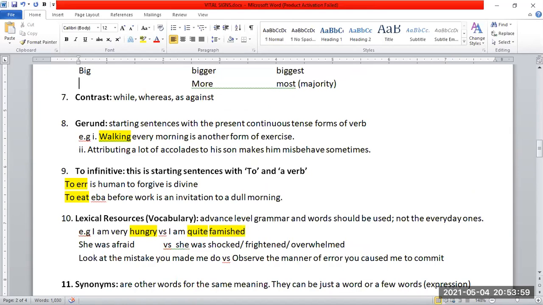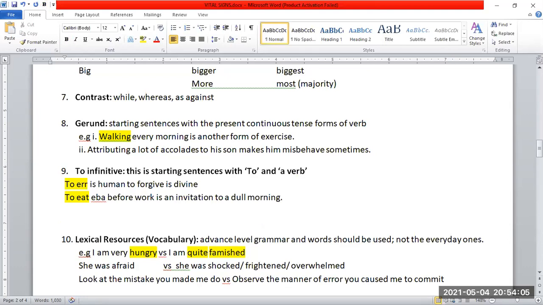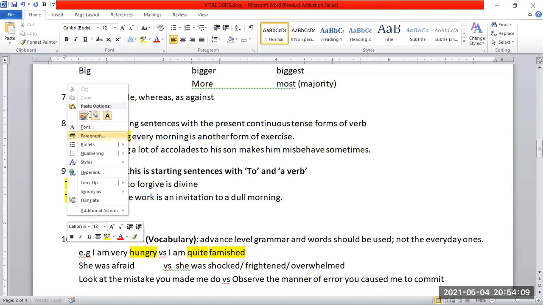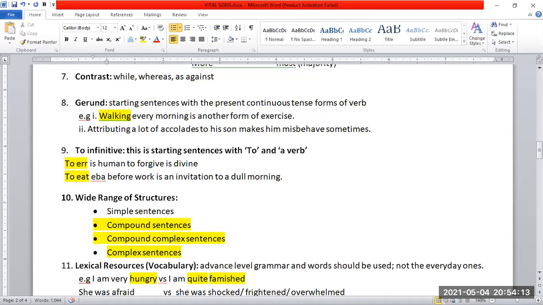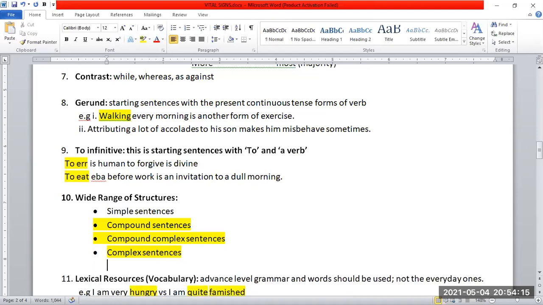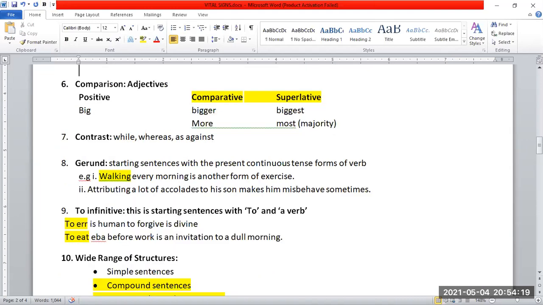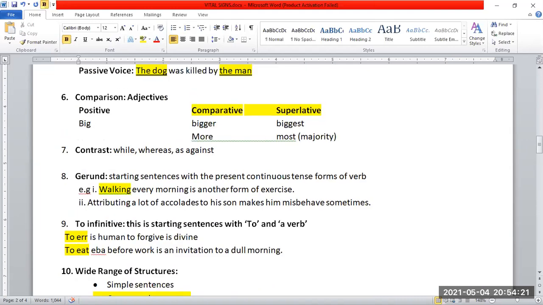Contrast here. Now I'm expecting that we also use contrast. Of course, we saw contrast in coercive devices. Contrast is needed a lot. Let me clarify contrast and comparison.